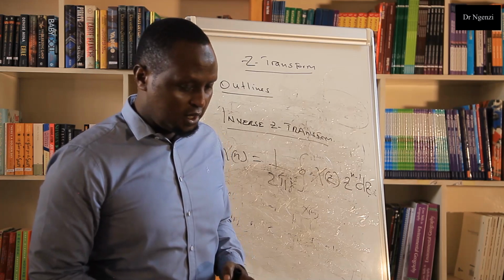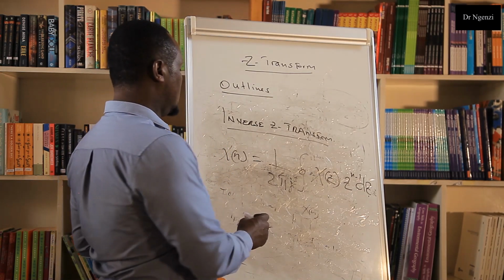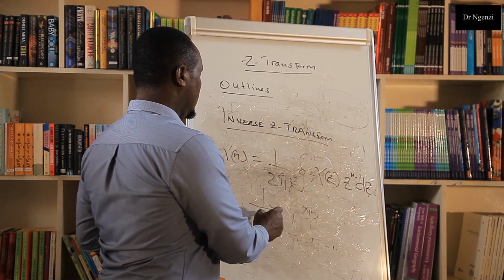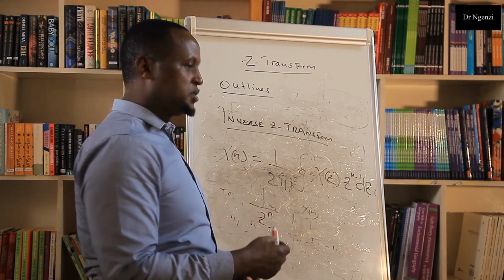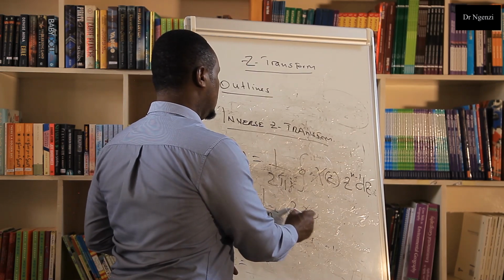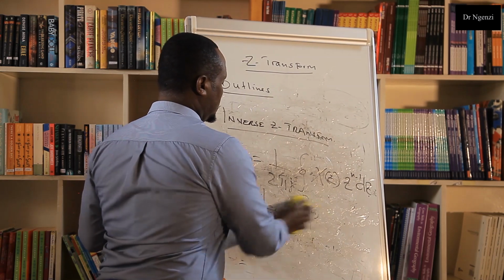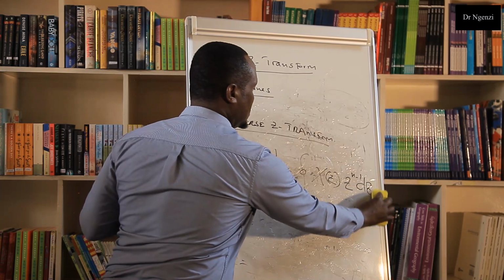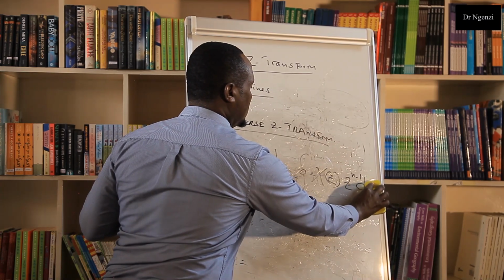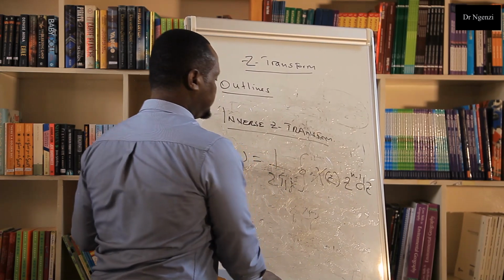Here the reason why you can see n minus 1 is that it's an inverse. It's like saying 1 over z power n. So when it becomes an inverse, it will be z power n minus 1. So this is the general equation for the inverse Z transform.